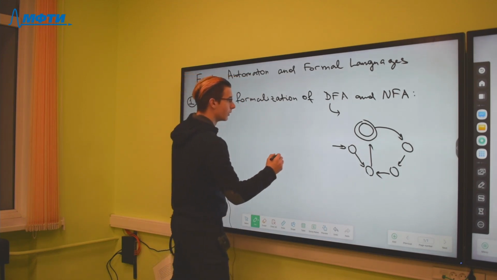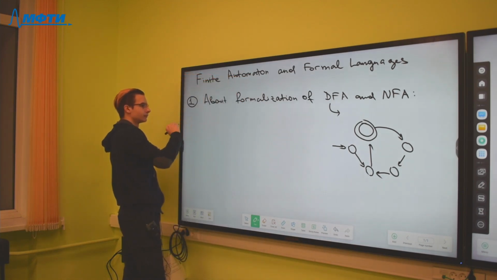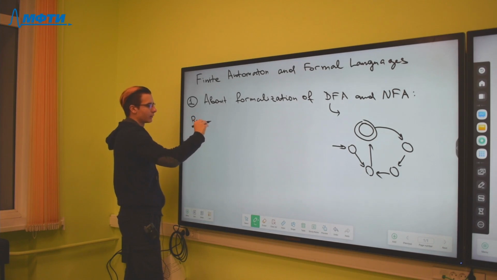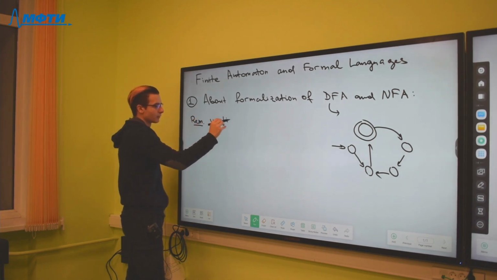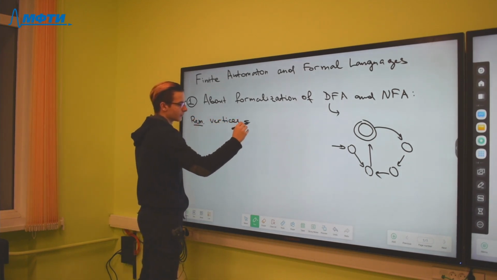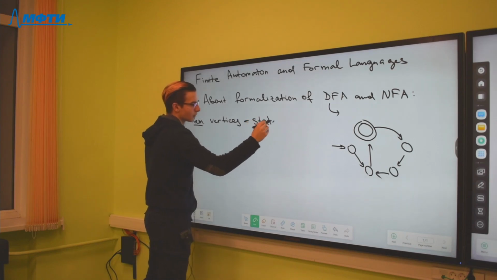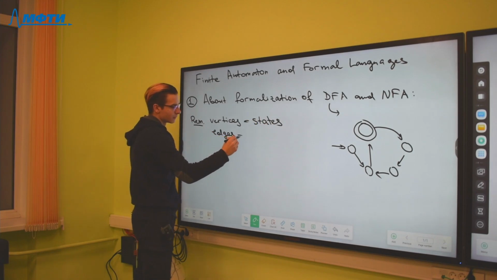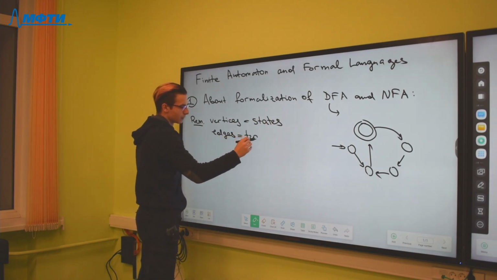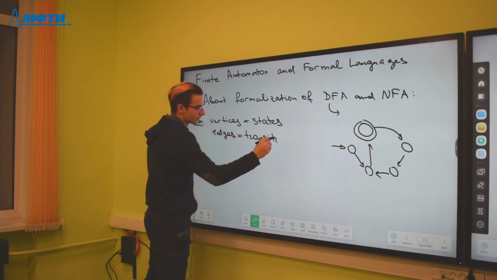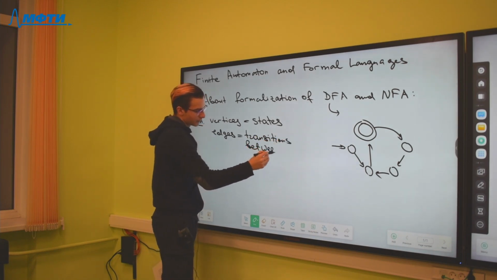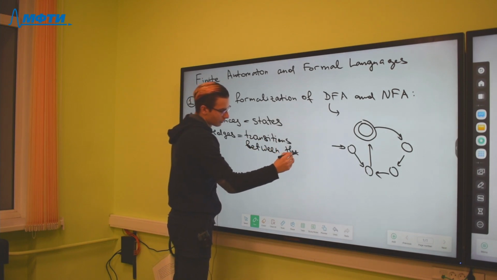So remember that vertices equal states, and edges are transitions between them.